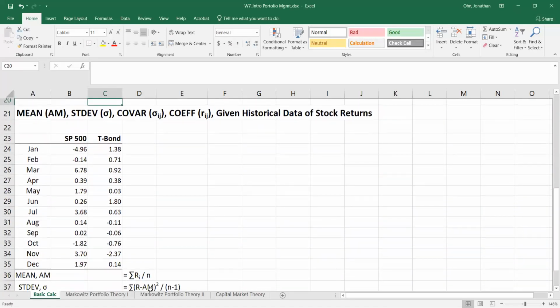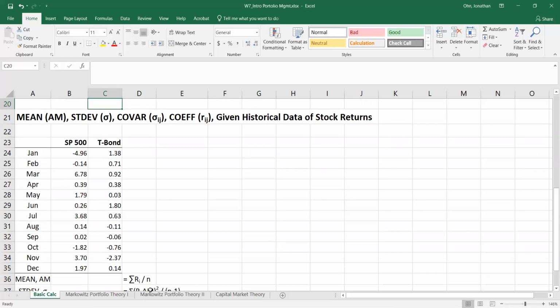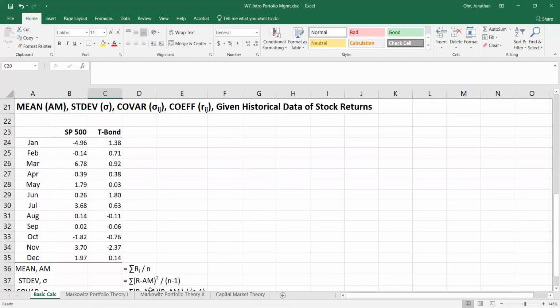For the last review, let's do this one here. We are given the monthly return of the Standard & Poor's 500 stock index and the monthly return of treasury bonds. As you know, Standard & Poor's 500 is widely used as the market index, the market portfolio. We'll do that later on. Now we simply have a stock portfolio and a bond portfolio for 12 months.